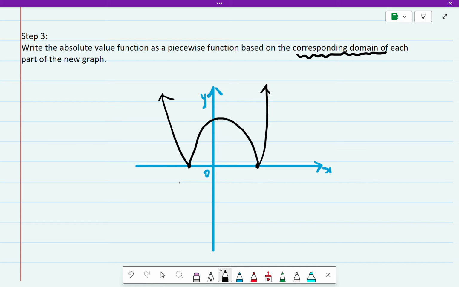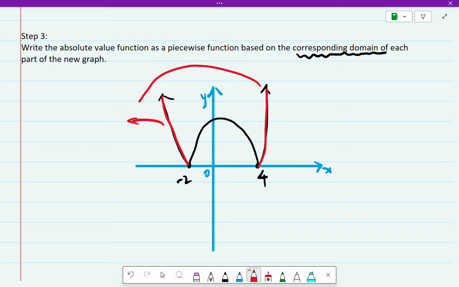And we have the two x-intercepts at negative 2 and 4. If we take a look at this part and this part, these two parts are actually identical to the original graph of the function without the absolute value.